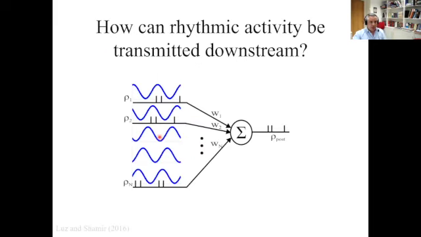So now we can change gears and study what we wanted. We assume that we have some sort of an upstream population of neurons that are spiking rhythmically. You can think of the spiking of each neuron as some sort of an inhomogeneous Poisson process.